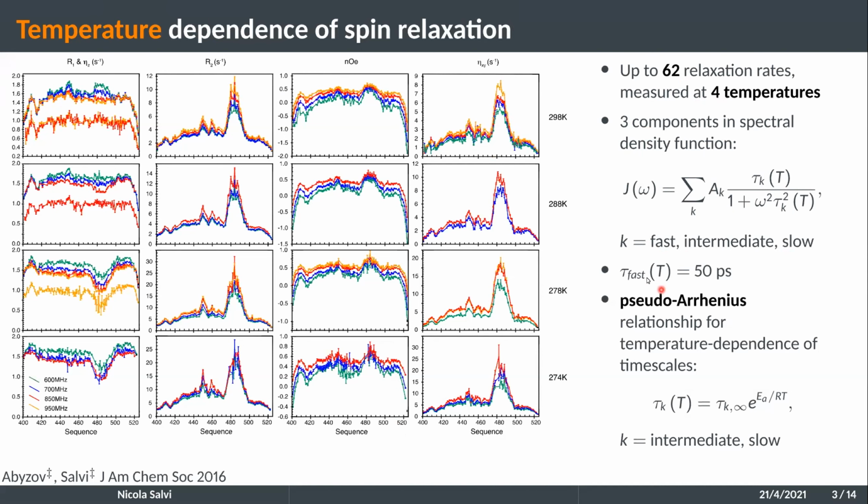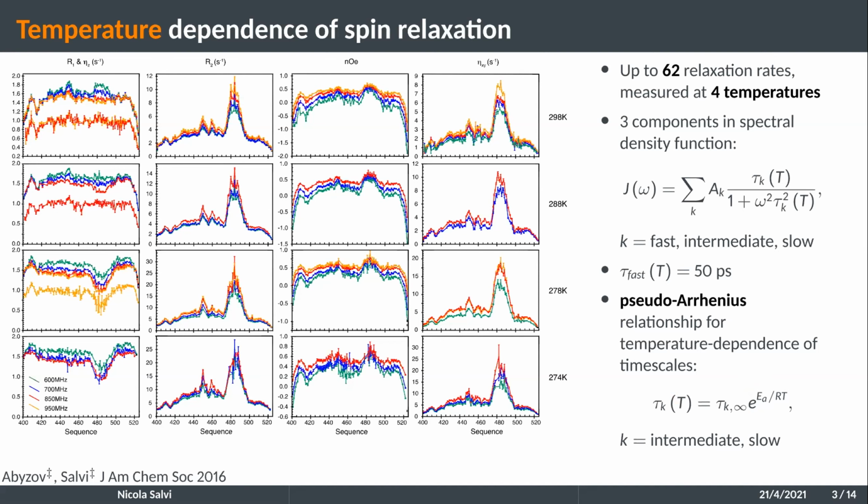There is no temperature dependence of the fast time scale. And we can model all these 62 data sets in one go, simply by assuming a pseudo-Arrhenius relationship for the intermediate and slow time scale. And in this way, we can extract some pseudo-activation energy of these modes.